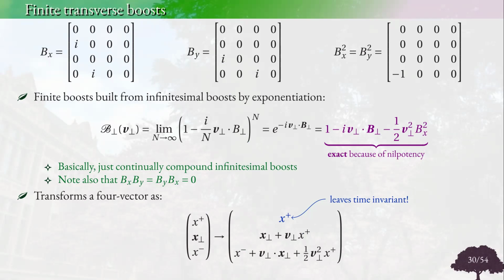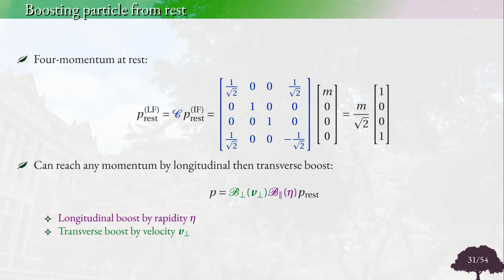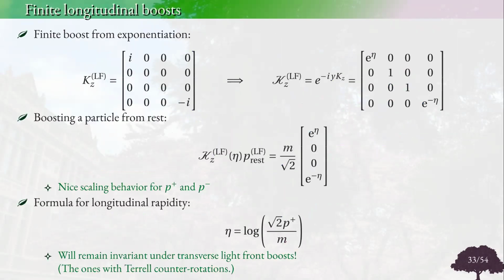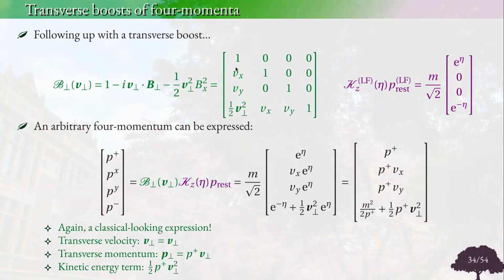And in fact, since the C matrix squared is 1, you could also do that for the finite boosts. So you can take this finite boost matrix, multiply it on the left and the right by the C matrix, and that should give you the formula for doing the transformation in instant form coordinates. I have not done it, so I don't know exactly what it would look like, but my gut feeling is it would look extremely messy.